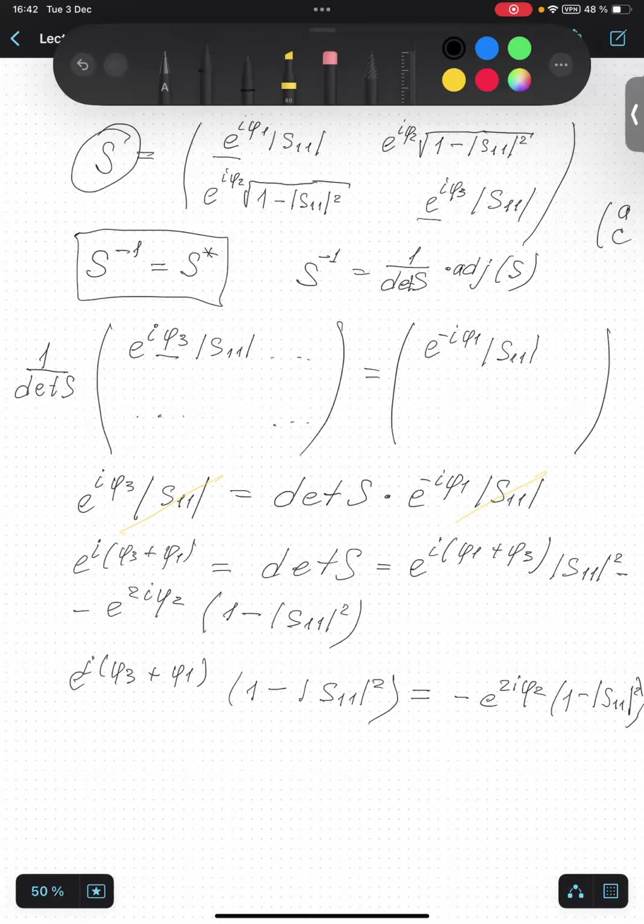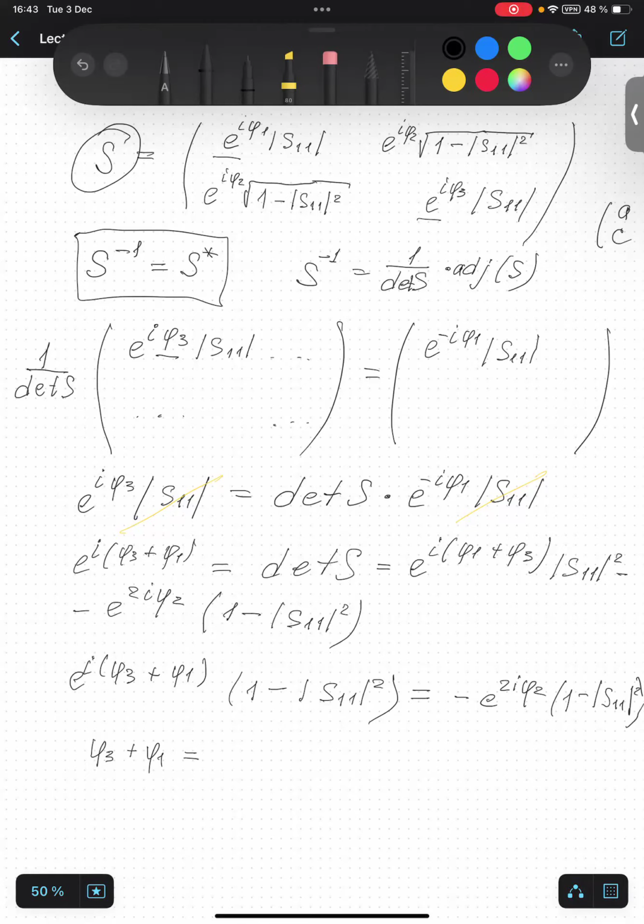So what can we say here about phases? We can say that phi1 plus phi3 has to give minus 1 in the exponent. Yes, it would be phi3 plus phi1 equals pi plus 2 phi2.